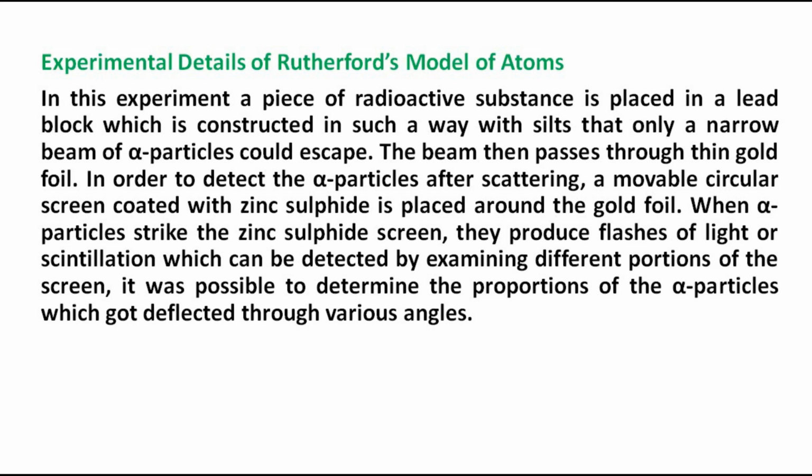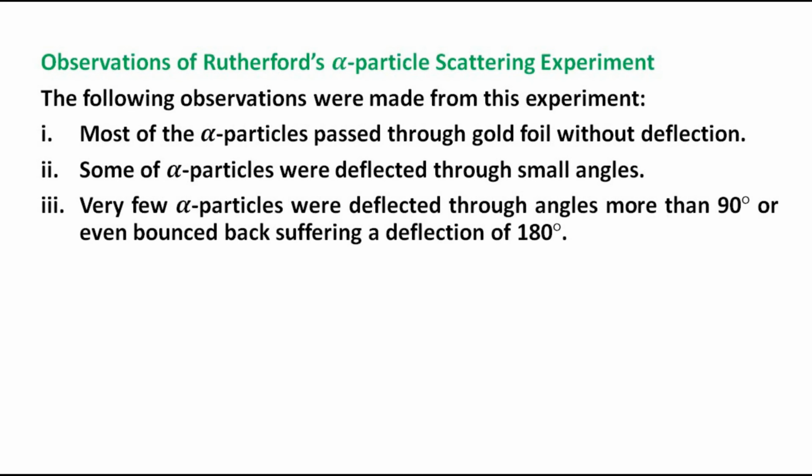In order to detect the alpha particles after scattering, a movable circular screen coated with zinc sulfide is placed around the gold foil. When alpha particles strike the zinc sulfide screen, they produce flashes of light, or scintillation, which can be detected by examining different portions of the screen. It was possible to determine the proportions of the alpha particles which got deflected through various angles.